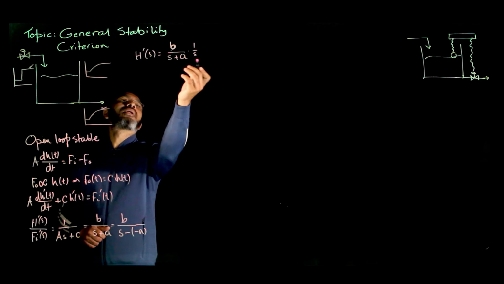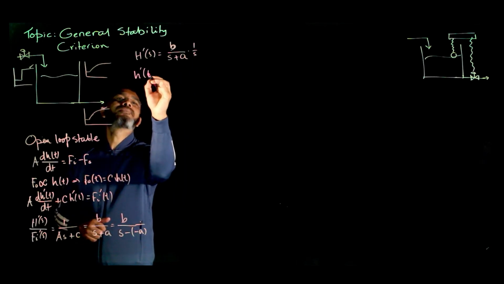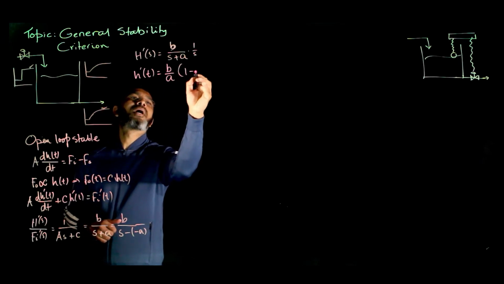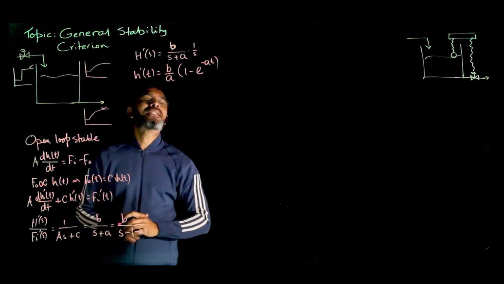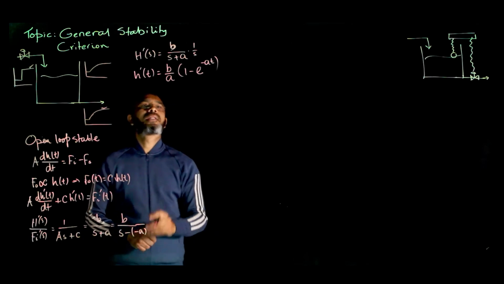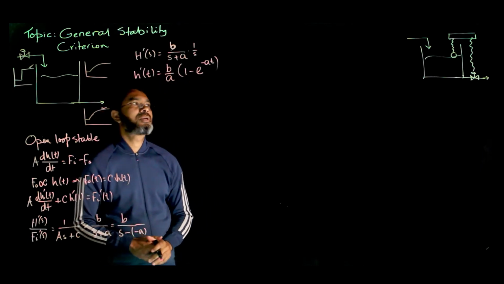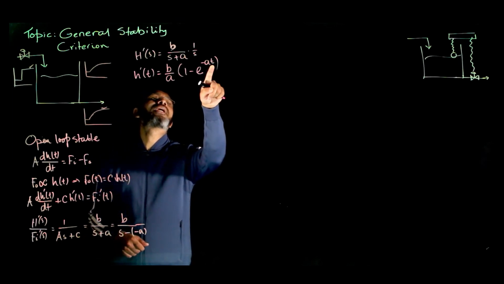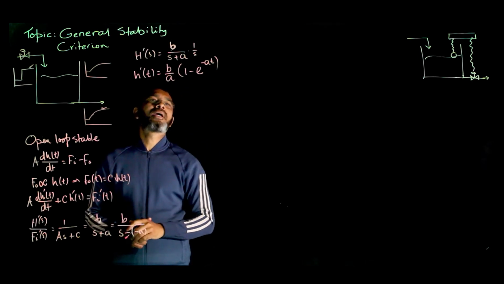For this case, if we take the inverse Laplace, H prime t will be b over a times 1 minus e to the power negative a t. That's the inverse Laplace transform. We can do this math. We have done it for several cases. Okay. Now from here you can see that when t goes to infinity, this term becomes 0 and this value becomes simply b over a.